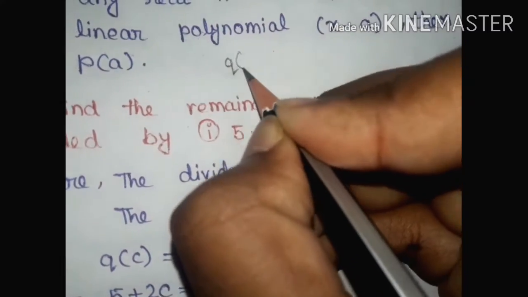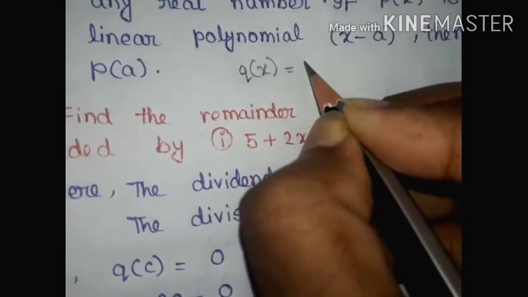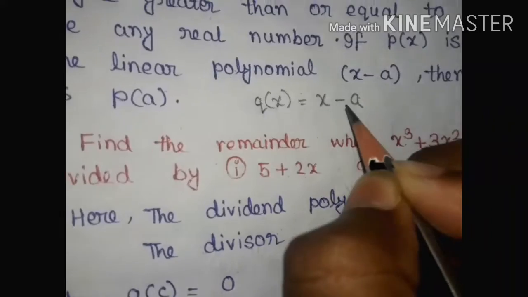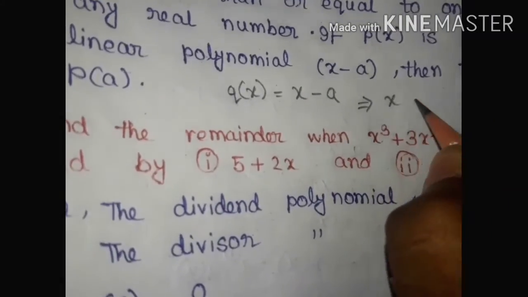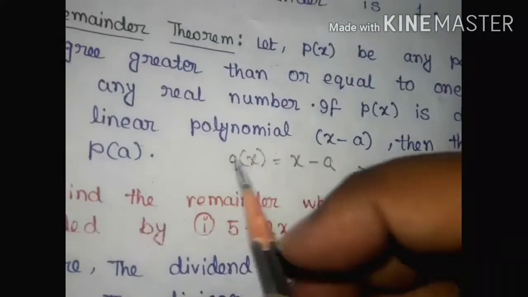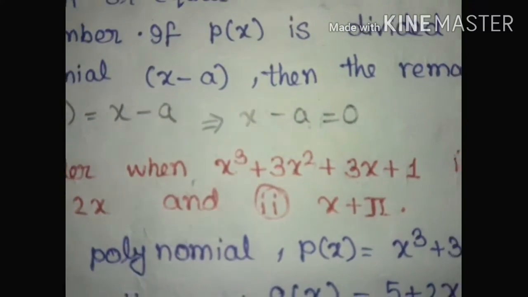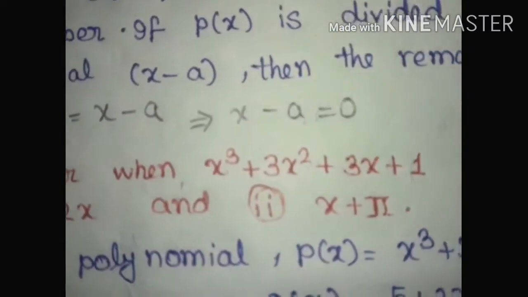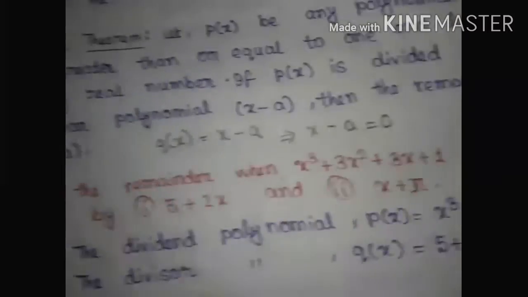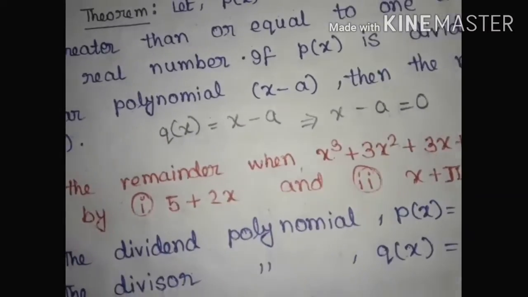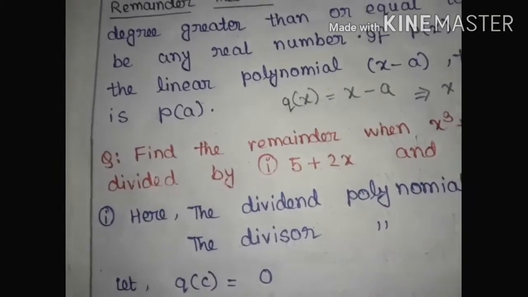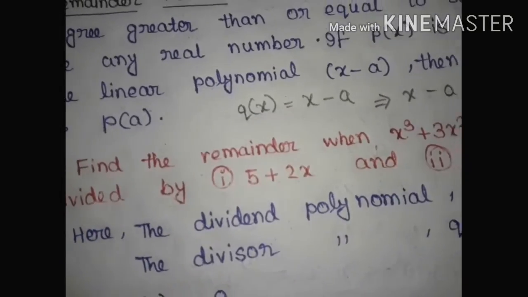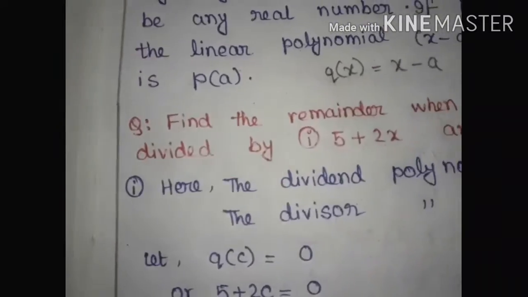Here qx equals x minus a, so x minus a equals 0, that means x equals a, so the remainder is Pa. We have done the proof in the previous page.